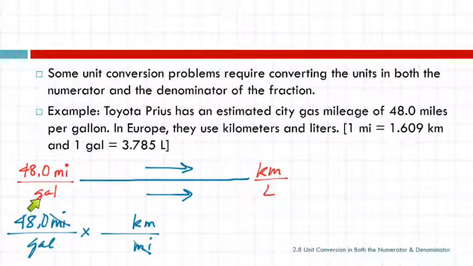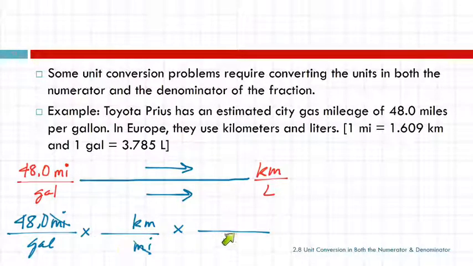For the denominator, I'm converting gallons to liters. That's also a single step, so I've got one more fraction here. But this is in the bottom of the fraction, so everything's going to seem upside down. So here I have gallon in the denominator. I started with gallon in the denominator. I'm trying to get to liters in the denominator. So now these units I'm going to write in the bottom instead of the top.